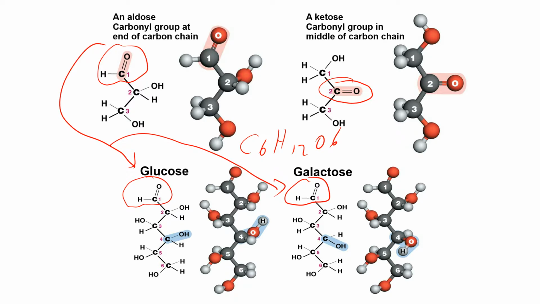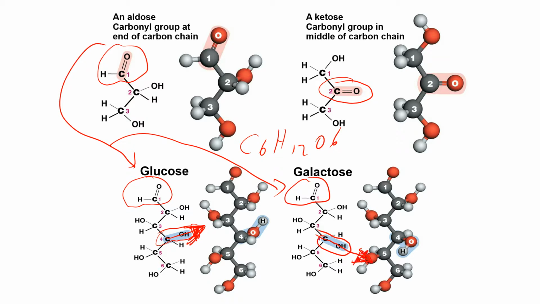So what's the difference between glucose and galactose? Note how it was previously mentioned that the spatial arrangement of your hydroxyl groups matters. Here, you have your OH group on the 4th carbon pointing up in glucose, above the plane. On galactose, you have the same carbon and OH group, but it's pointing down, below the plane.